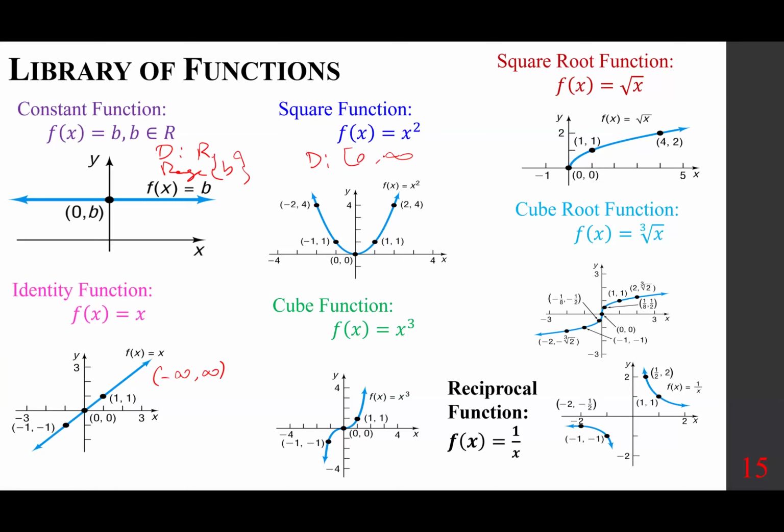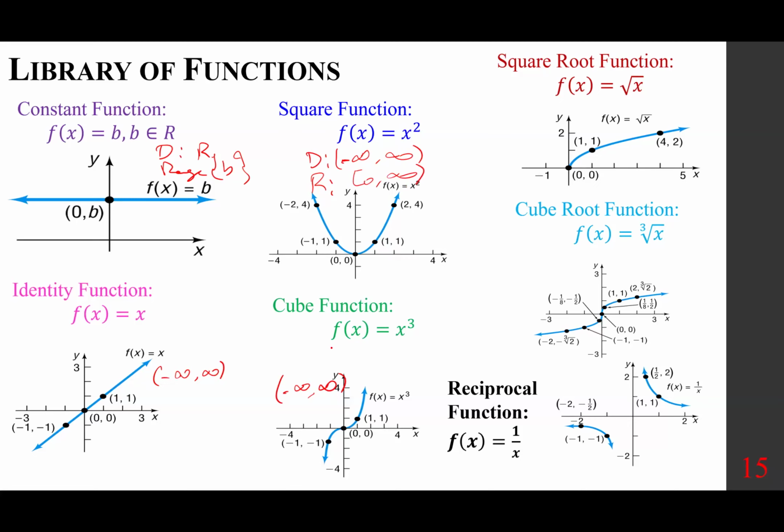A domain is from negative infinity to infinity. Range is from 0 to infinity. This one, domain and range, is all real numbers, minus to positive infinity.